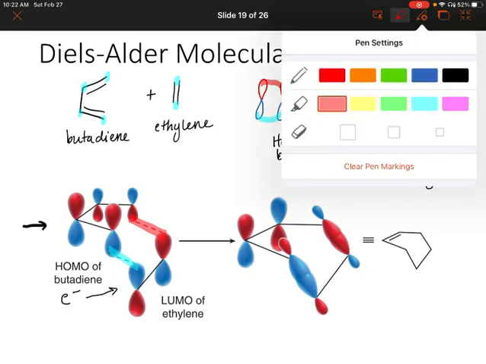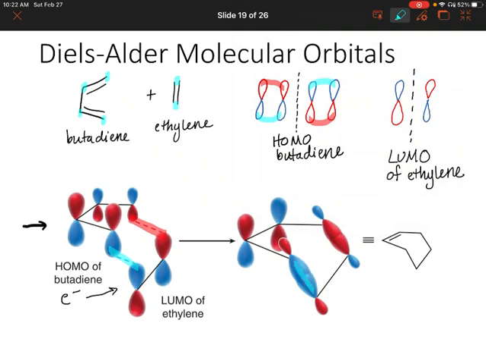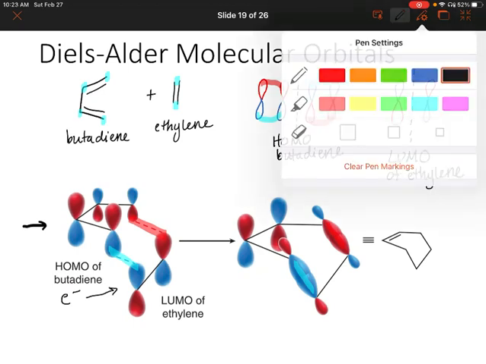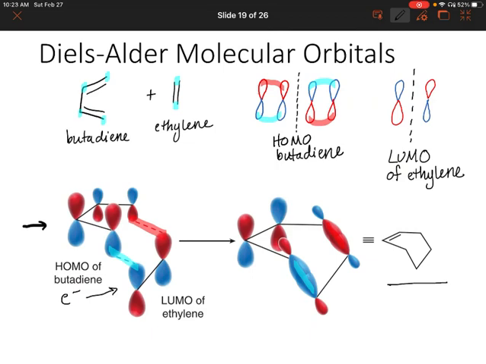But you can also see that in our final molecule here. We've got alignment between those lobes, and we get our new bonds. Now we have our final product, and notice that it's in a different configuration than we're used to.